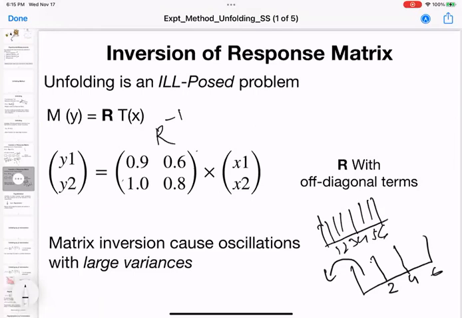That lost information will cause a large oscillation in your solution. You can take a numerical example like this, apply the response matrix, and see that your final solution will have very large, fluctuating numbers. And if you calculate the variance, that variance will also be very large. I'll show one graphical representation in the next slides, or after a few slides.